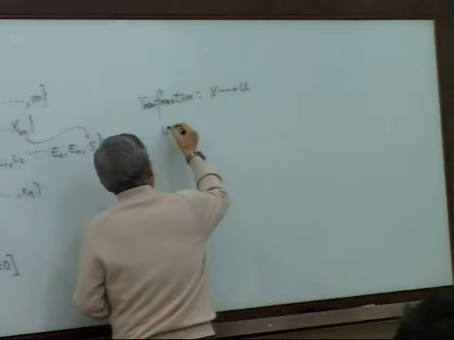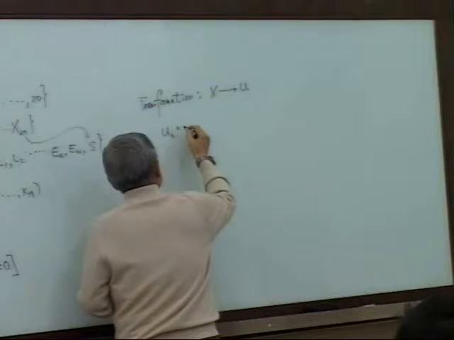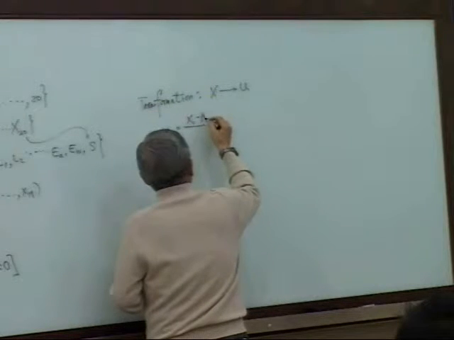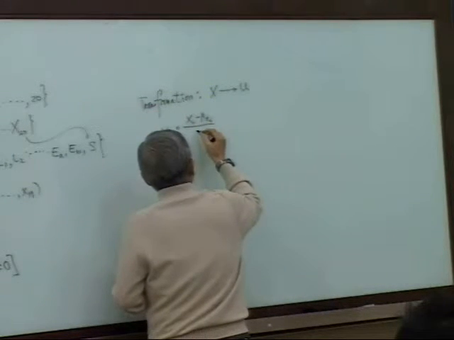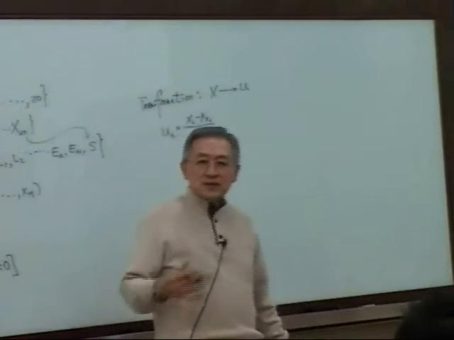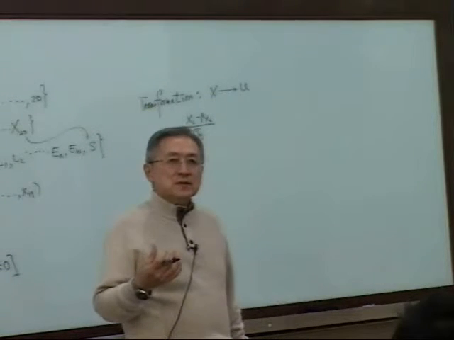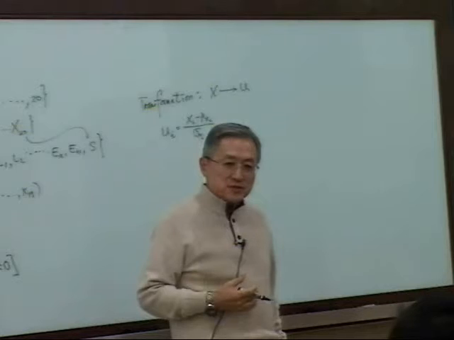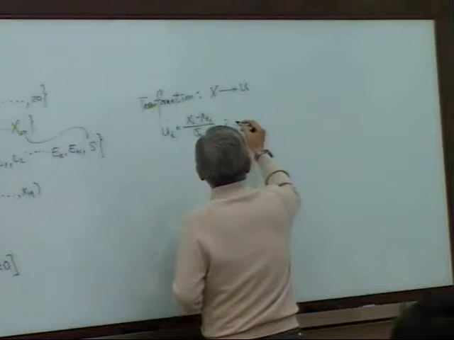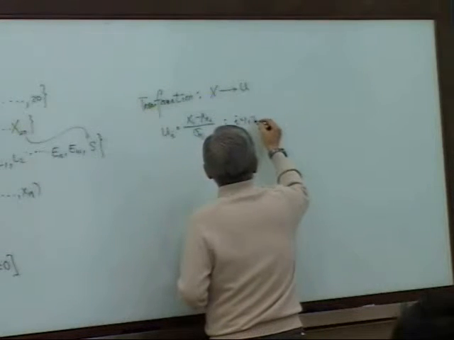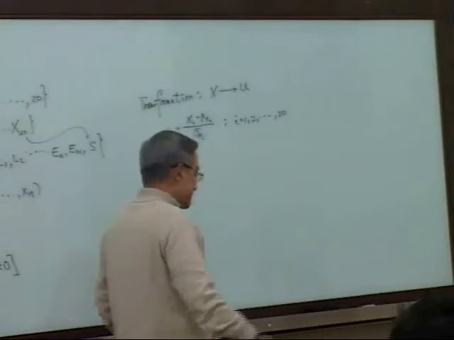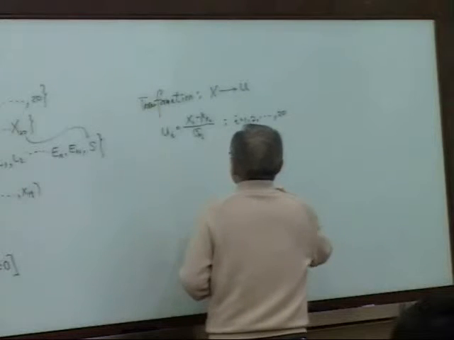And to do that, we use, as usual, xi minus mu xi over sigma xi, to be able to use the standard normal distribution function in the U space. That's what. So over here, i is equal to 1 all the way through 20.